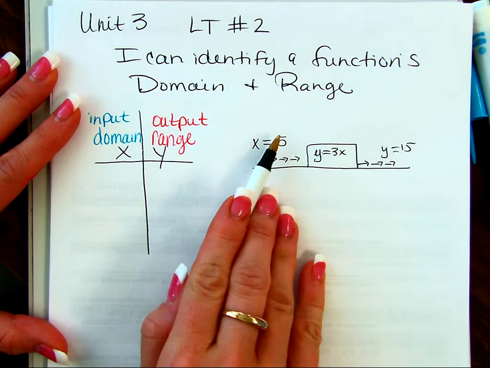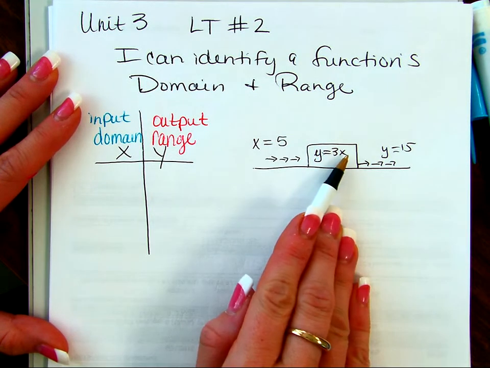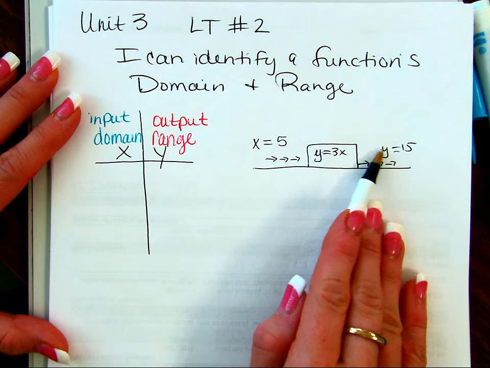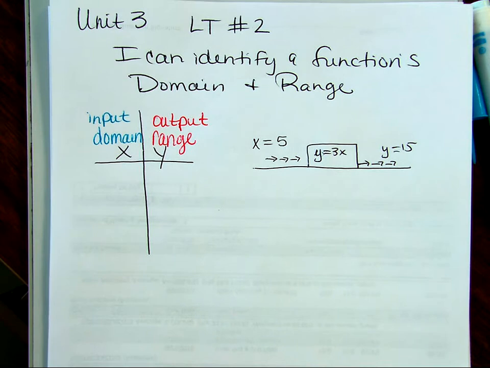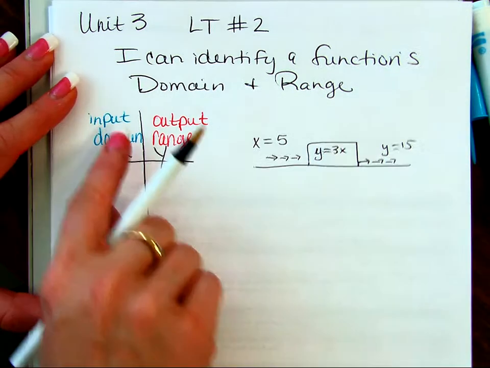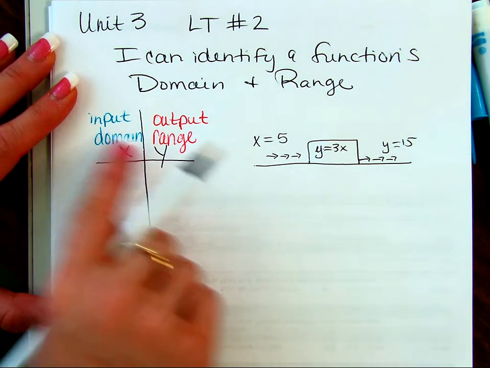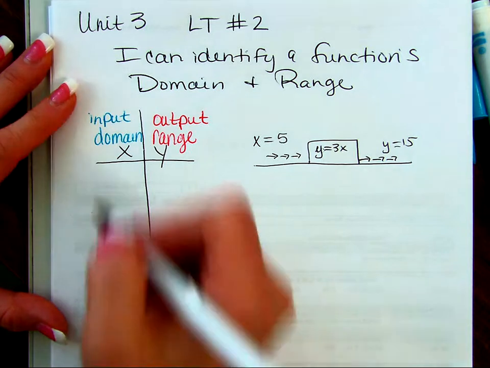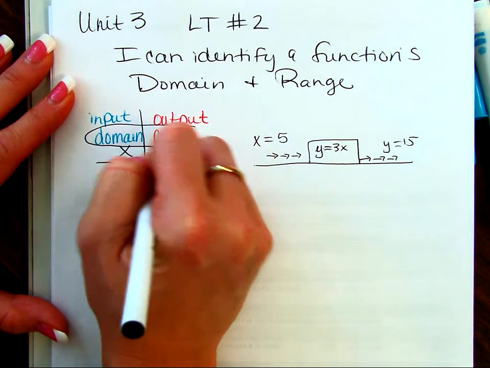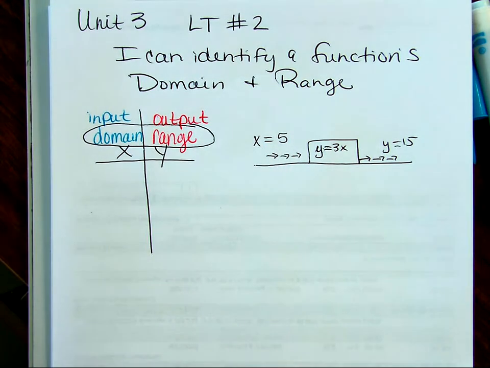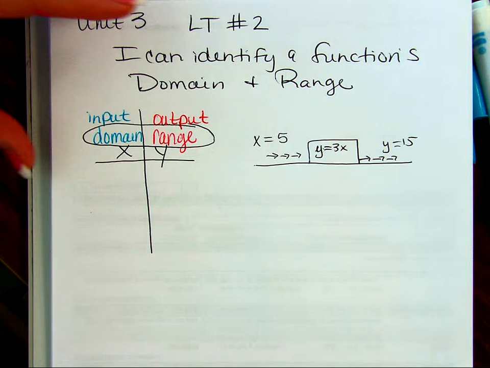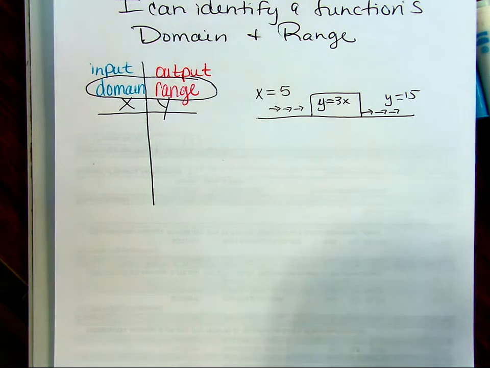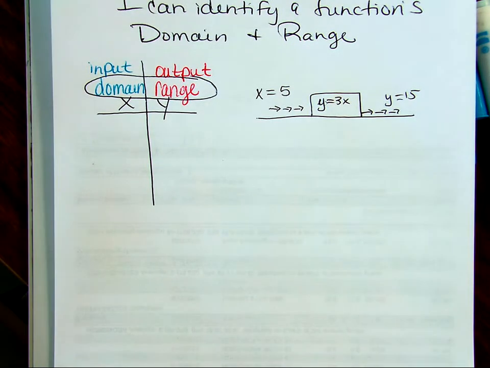Okay, so when I input X, 3 times X is Y is outputted. So I want you to picture that little input-output machine. Sometimes X is referred to that, and Y is always going to be your output. But for right now, I want to focus on domain and range. There's really not much teaching to do with this because I'm just telling you that I'm going to say domain instead of X from now on.